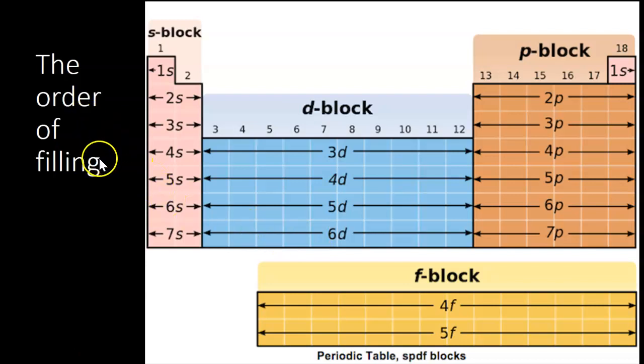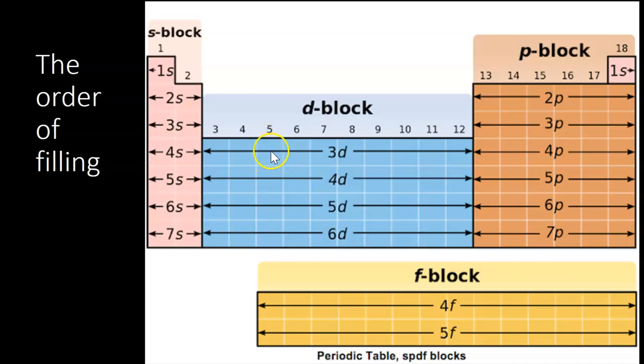So hopefully you've had a chance to practice some electron configurations, and I hope that you were able to figure out how to use your periodic table to help you write electron configurations. You want to remember the three different blocks. Actually, there are four blocks, but the ones that we use most often are the s, the p, and the d block for electron configurations. So let's say you wanted to write the electron configuration of the atom that's located at this position on the periodic table.